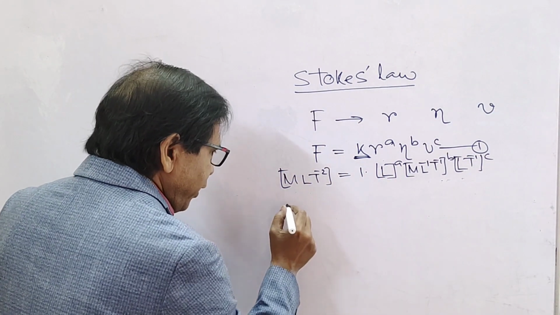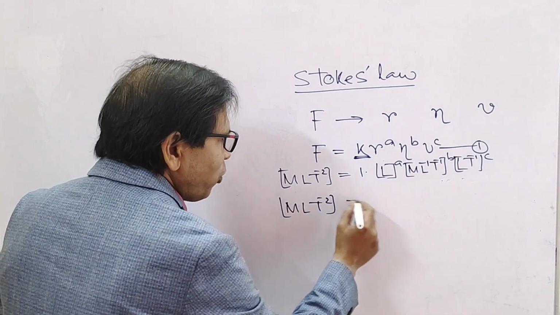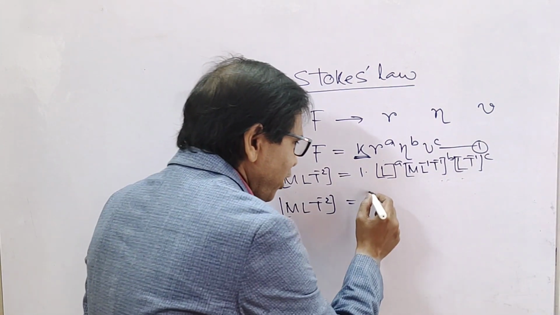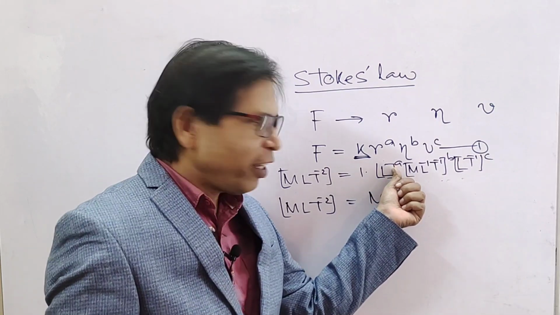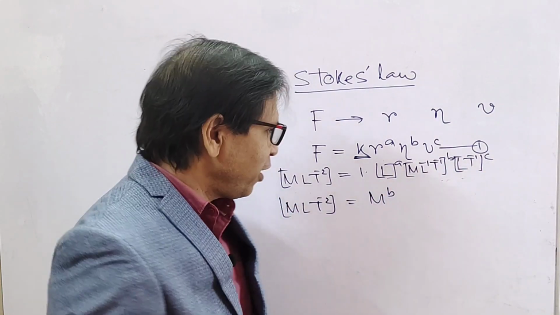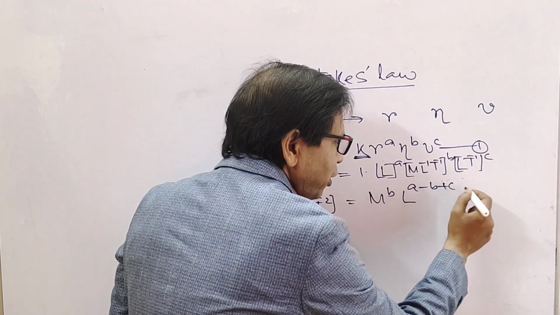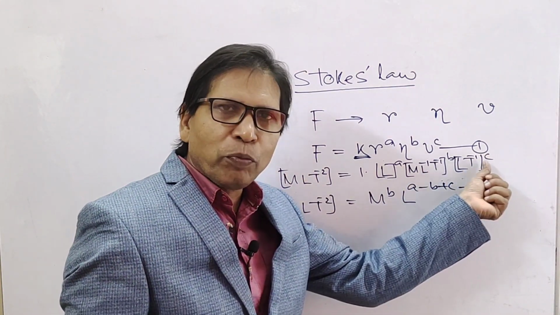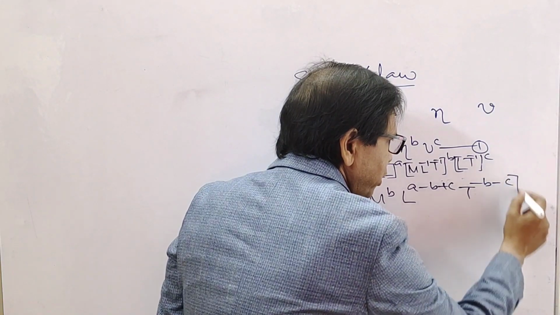Now here M to the power b. L to the power a, L to the power minus b, and L to the power c, so L to the power a minus b plus c. And T to the power minus b, T to the power minus c, so T to the power minus b minus c.